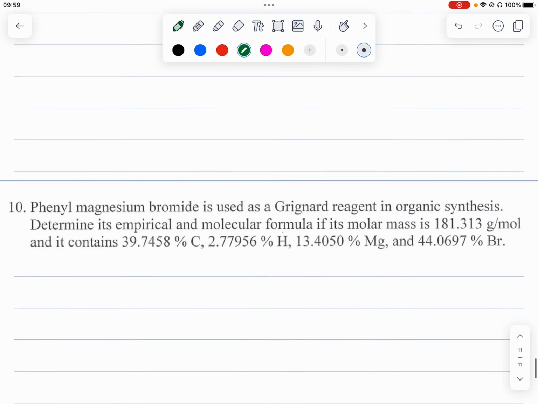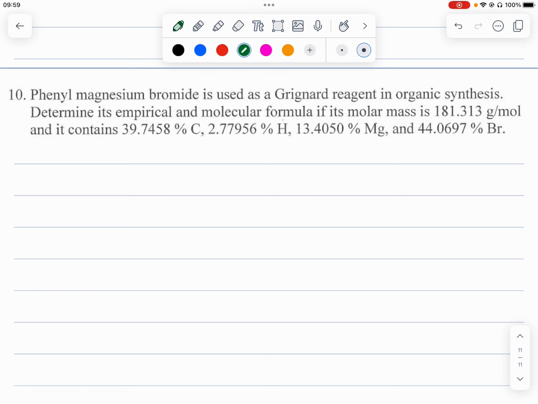Last question. Phenyl magnesium bromide is used as a Grignard reagent in organic synthesis. Determine the empirical and molecular formula; the molar mass is given.